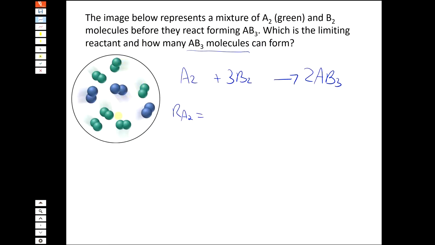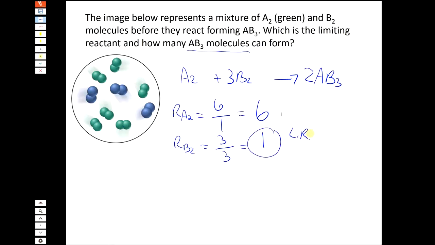A2 is in green, so we have 1, 2, 3, 4, 5, 6 green molecules, and the coefficient for A2 in the balanced equation is 1, so the stoichiometric ratio for A2 is 6 on the molecular scale. And then for B2, which is in blue, we count how many molecules there are, 1, 2, 3, and the coefficient for B2 is also 3, so that stoichiometric ratio is 1. So clearly B2 has the smaller ratio, so this is going to be our limiting reactant.